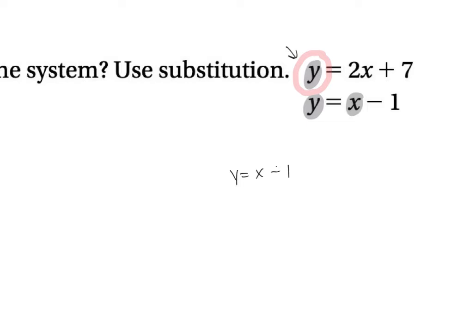So this instead becomes 2x plus 7 equals x minus 1. Wherever I saw y in my second equation, I plugged in 2x plus 7. That is what we call substitution.